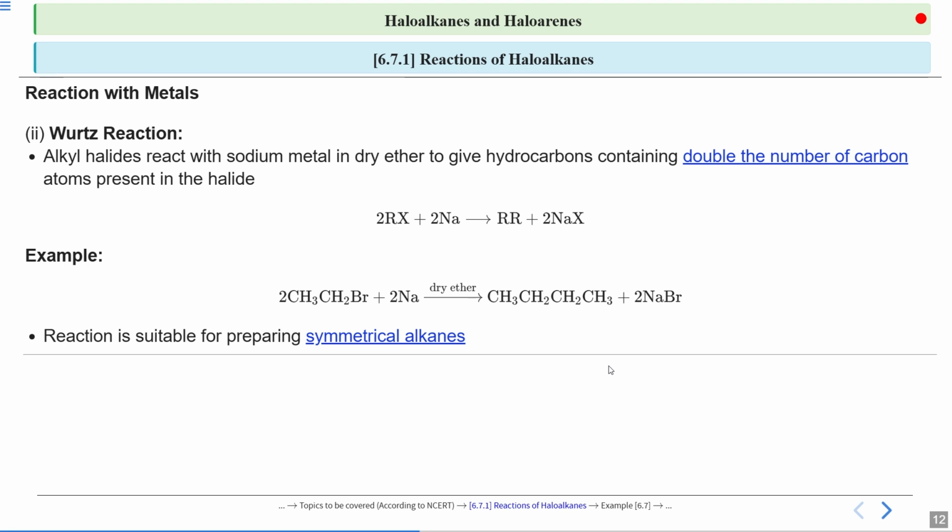How are they symmetrical alkanes? If you draw a line in the very middle of your alkane, it will divide the alkane into 2 equal parts. That's why we say that the Wurtz reaction is suitable for the preparation of symmetrical alkanes.